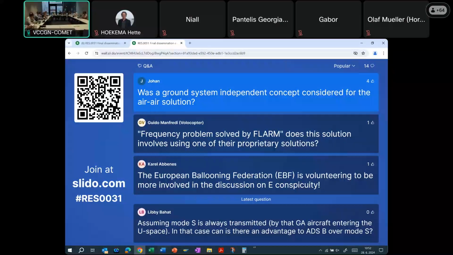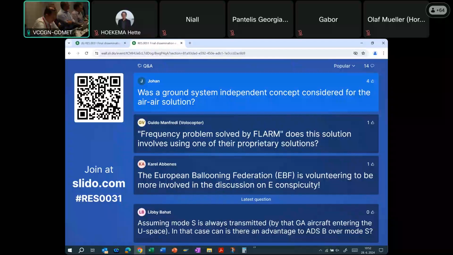We now have the SRD 860 solution and the 1090 solution, and we could ask everybody to receive on both links, and then you can transmit on one of them: if you're going to control the airspace, on 1090. If you're outside, you could be on either one of them.